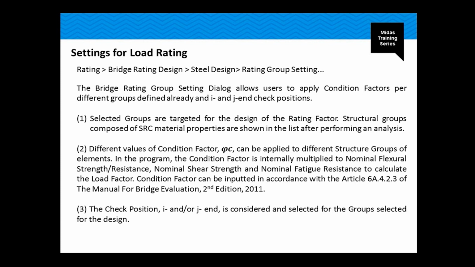This is basically assigning a different condition factor per group. If a certain part of the bridge has a condition factor different than another part, you can group those sections or parts and assign the condition factors for each one of them.